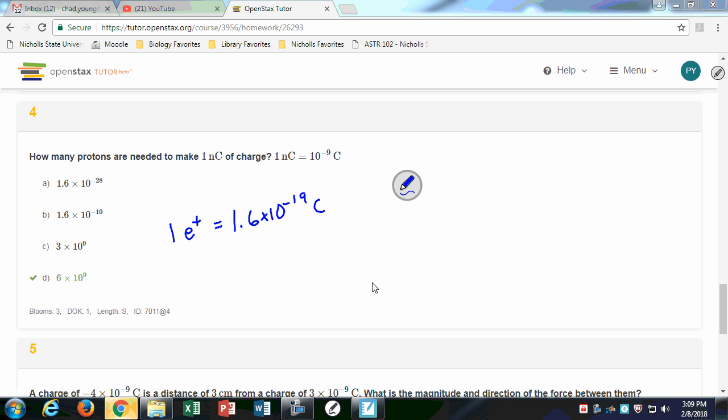So if I have 1 nanocoulomb, that's 1 times 10 to the minus 9th coulombs, how many protons is that? I divide that by 1.6 times 10 to the minus 19 coulombs. This is my big bunch of protons, and this is a single proton, and I want to know how many protons are in this, so I divide by the single proton charge.